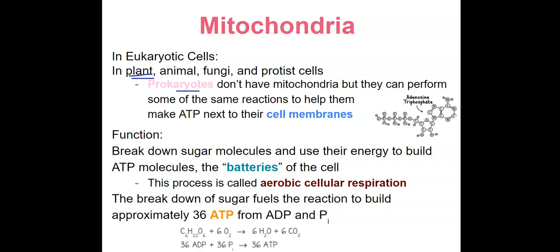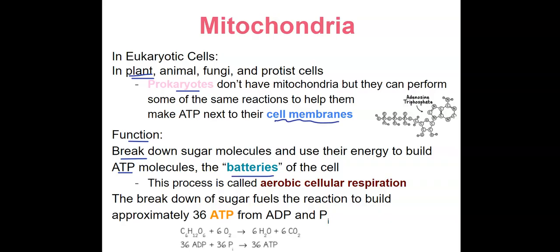But prokaryotes, they do not have a mitochondria. They can perform some of these reactions to help them get energy to make ATP, but they use their cell membranes, and it's just a slightly different process. The main function of the mitochondria, again, is to break down that glucose or sugar molecule and then to use that energy to build an ATP molecule.